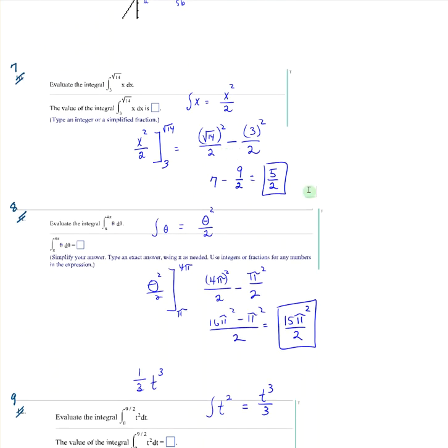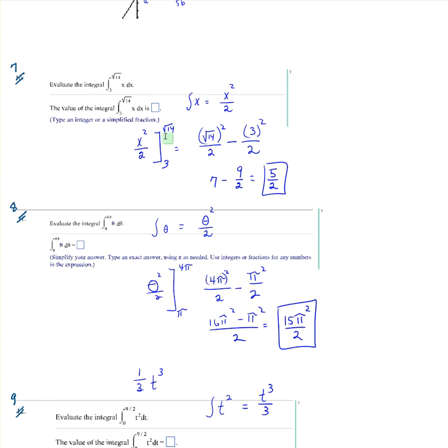So number 7, now we'll get into actually doing our integration. Evaluating the integral from 3 to square root of 14 of x dx. So the first thing you do is find the integration. x is our function. We raise that to x squared and divide by 2. Then we evaluate. I like to write it as x squared over 2, and I put a bracket here with the lower limit and the upper limit.